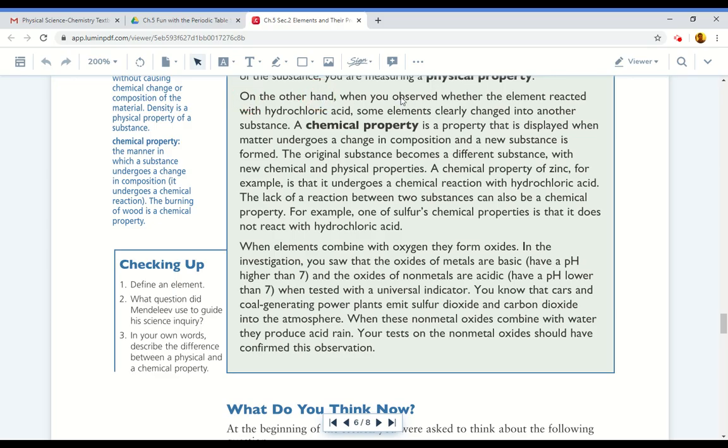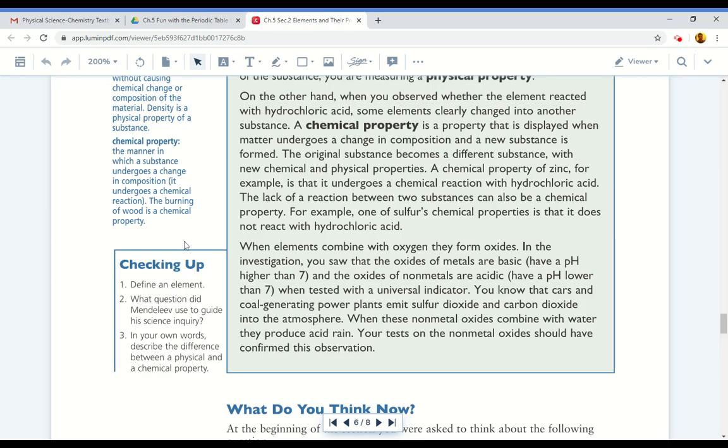On the other hand, when you observed whether the element reacted with hydrochloric acid, some elements clearly changed into another substance. A chemical property is a property that is displayed when matter undergoes a change in composition and a new substance is formed. The original substance becomes a different substance with new chemical and physical properties.